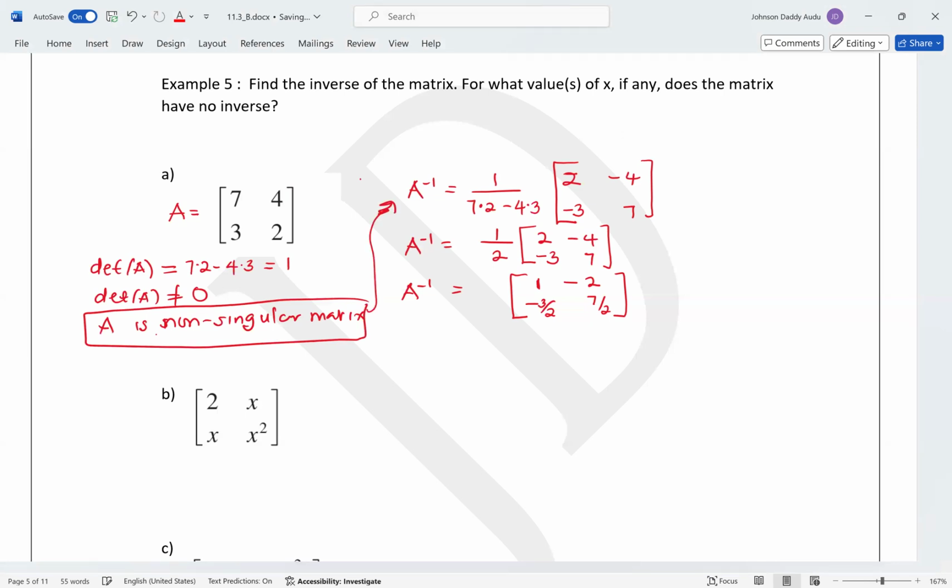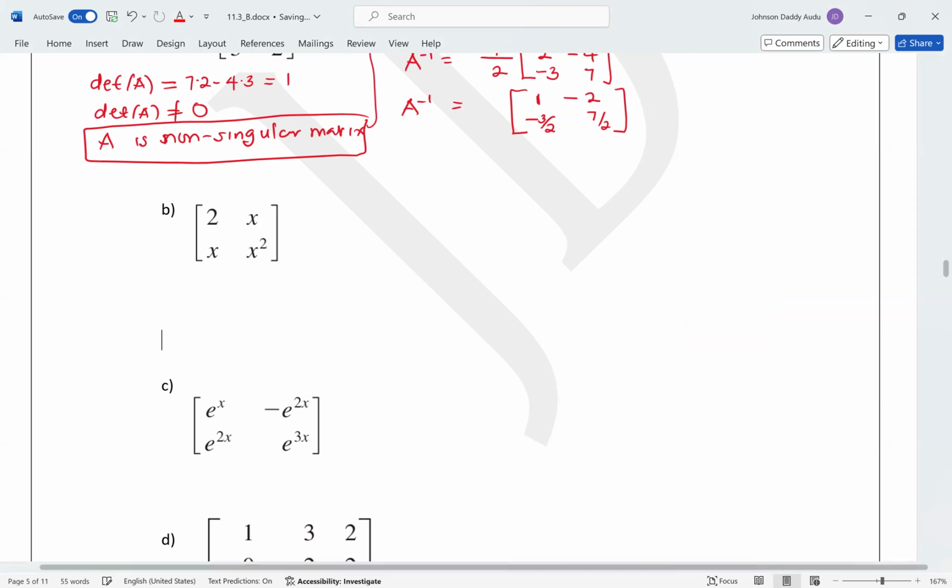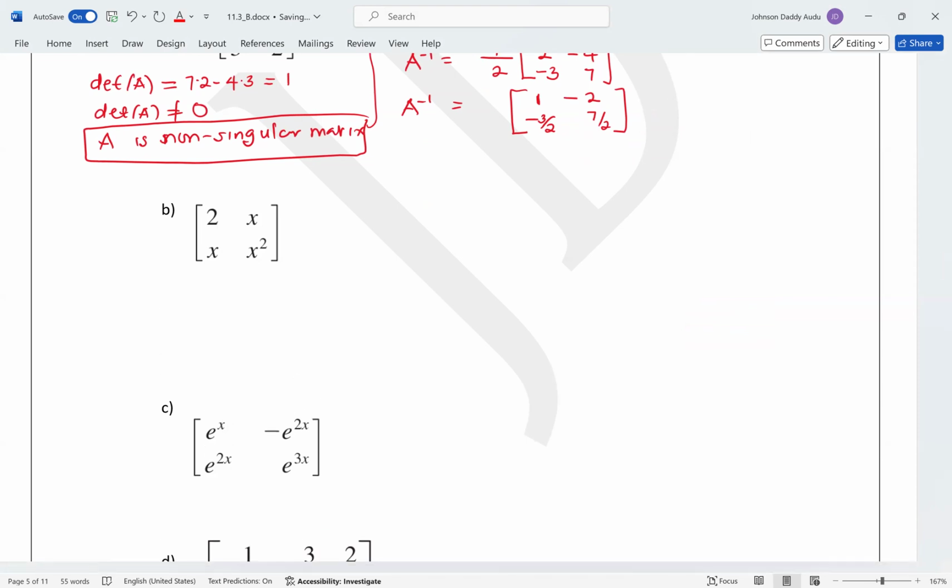Then you can go ahead and find the inverse. But in the second example, example B, you see that they have variables. So the first thing you can check is the determinant. The determinant is just going to be 2x squared minus x squared, right? Because it's 2 times x squared minus x times x.